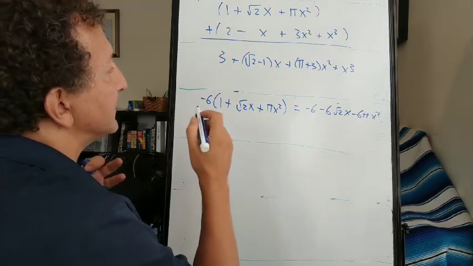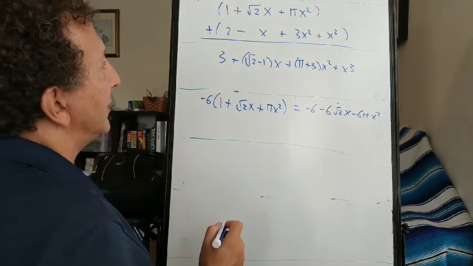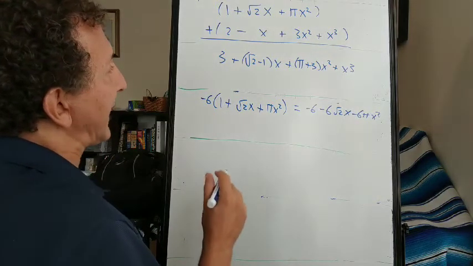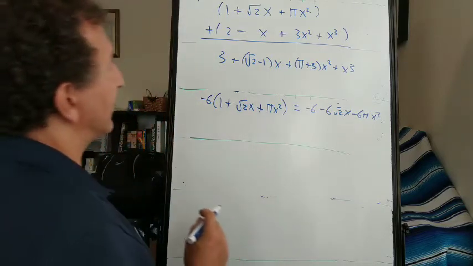So what we just did is we basically added lists of real numbers together.